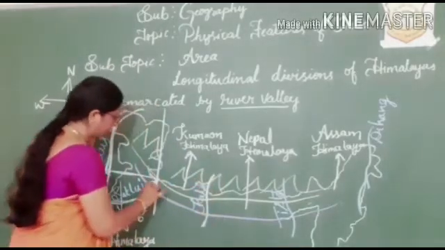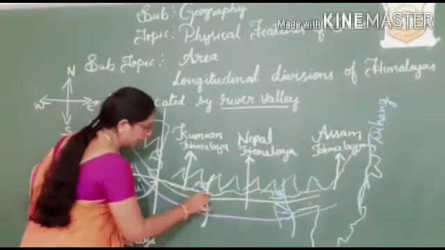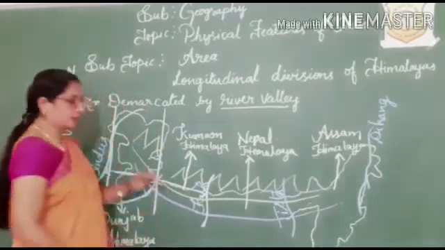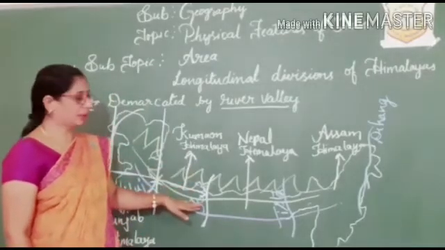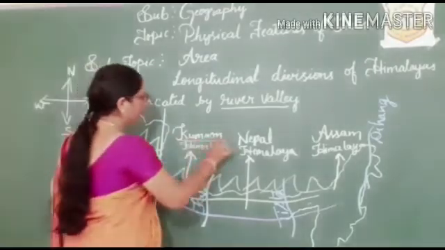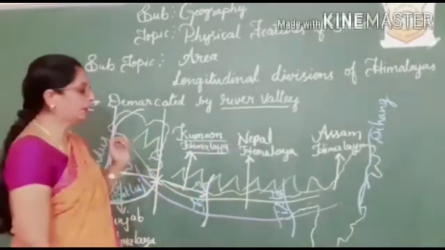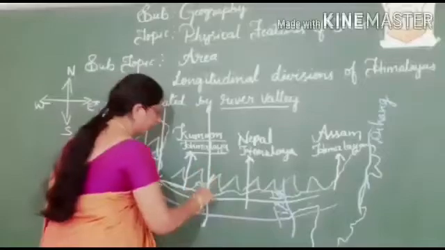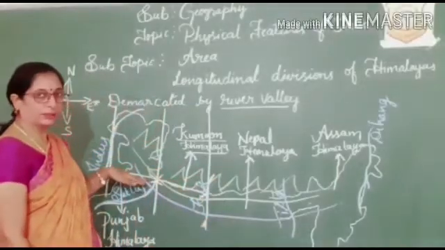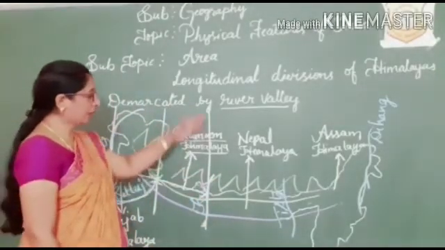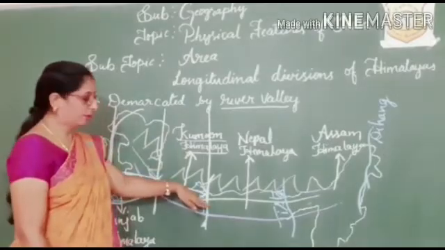Now next, from Sutlej to Kali river. The Himalayan ranges which come in this area are called the Kumaon Himalaya. They divide it like this, longitudinally and latitudinally.